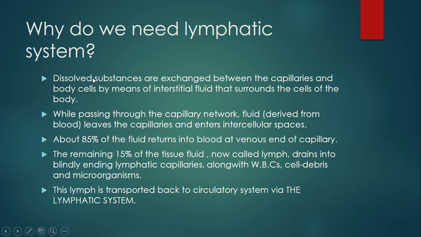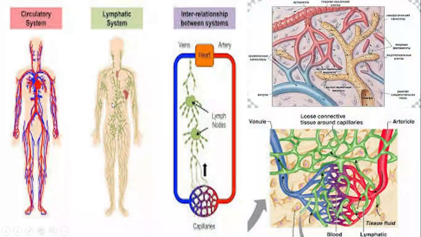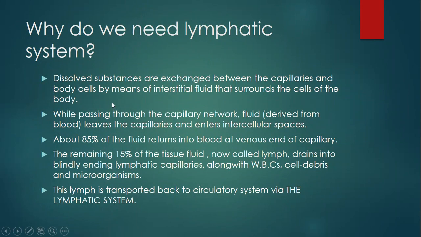Dissolved substances present in the blood are exchanged between the capillaries and body cells by means of interstitial fluid that surrounds the cells of the body. The interstitial fluid is derived from the blood when it flows through the capillary network.